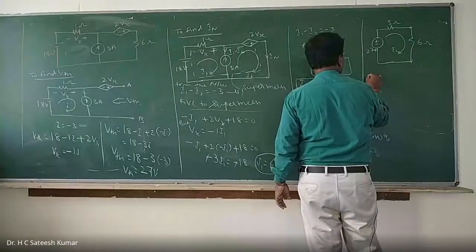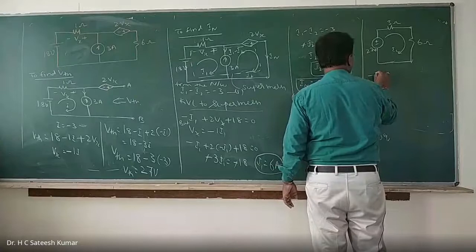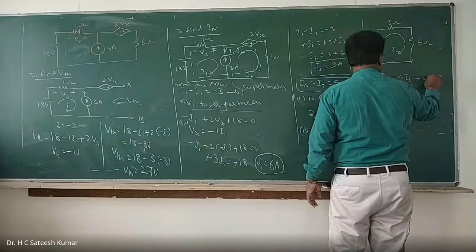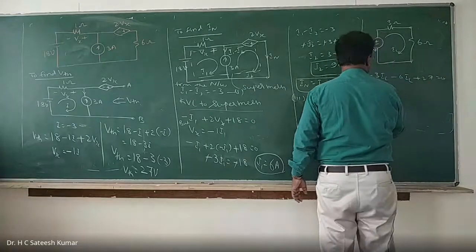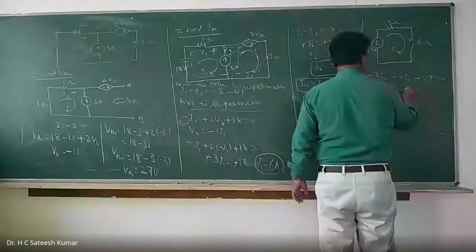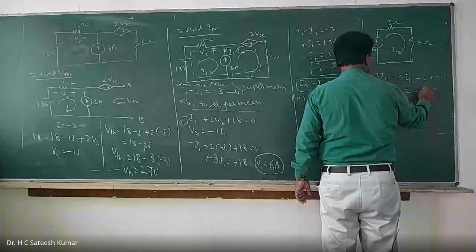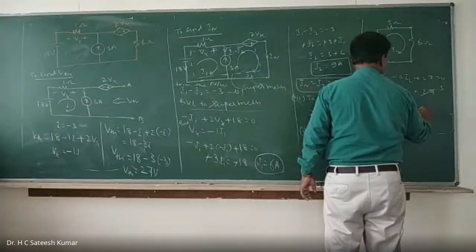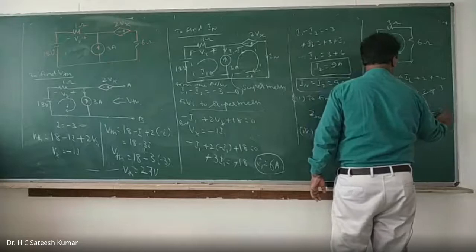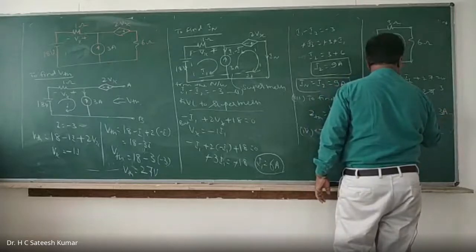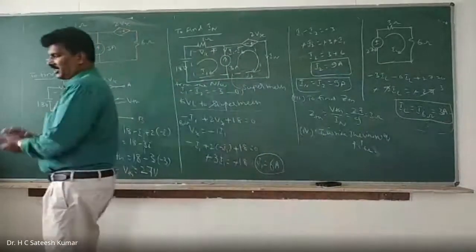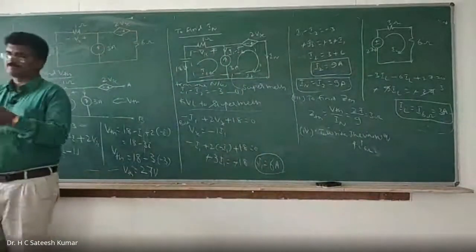IL is I 6 ohms: minus 3 IL minus 6 IL plus 27 is equal to 0. Minus 9 IL is equal to minus 27, so IL, that is I 6 ohms, is equal to 3 amps. That's how we should do it. This kind of problems we have seen in many papers.